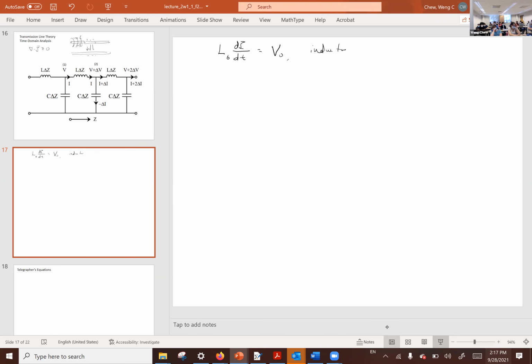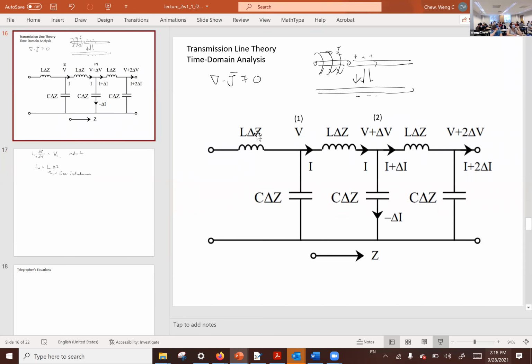The inductor that we have is the line inductance times delta z, and this is called line inductance. Okay, this is inductance per unit length. So when we have that model, we give a line inductance, and we can figure out the inductance per unit length, and that's the inductance that we have over there. Okay, that's why we say this inductance is actually L delta z, the line inductance, and this is the line capacitance, and this is actually line capacitance times delta z.